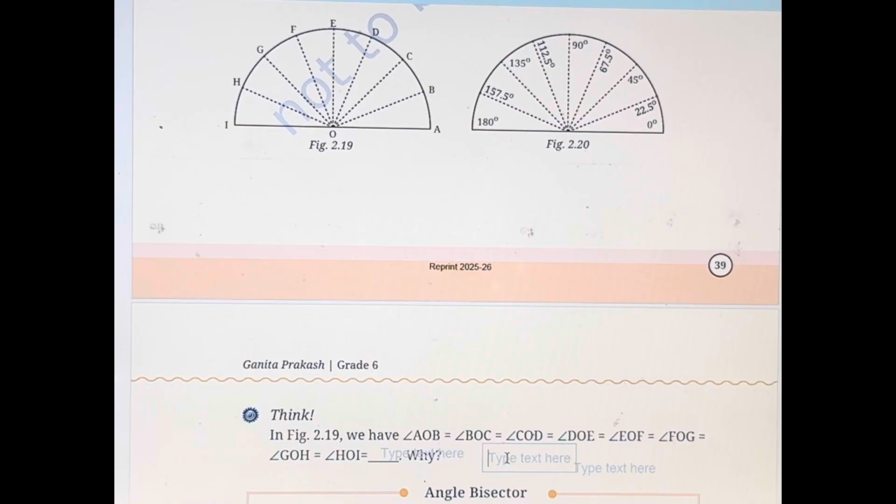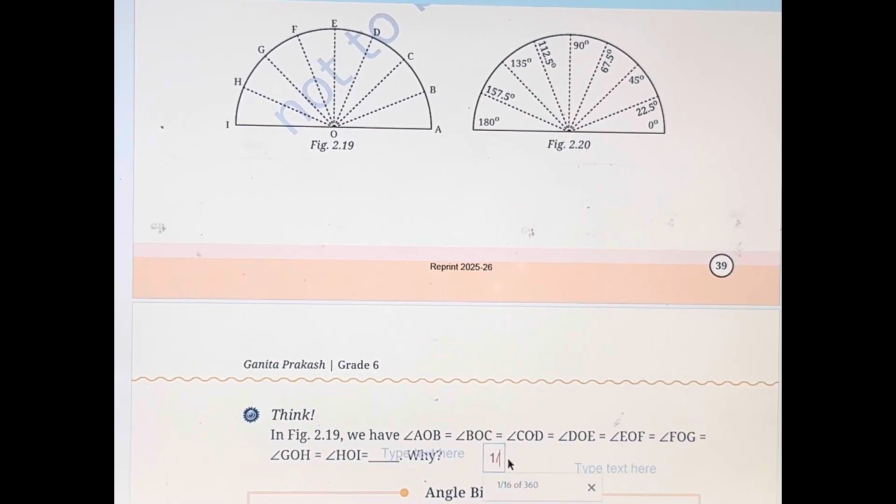So actually we folded it so many times so it becomes 1/16 of 360. So why are we getting this?